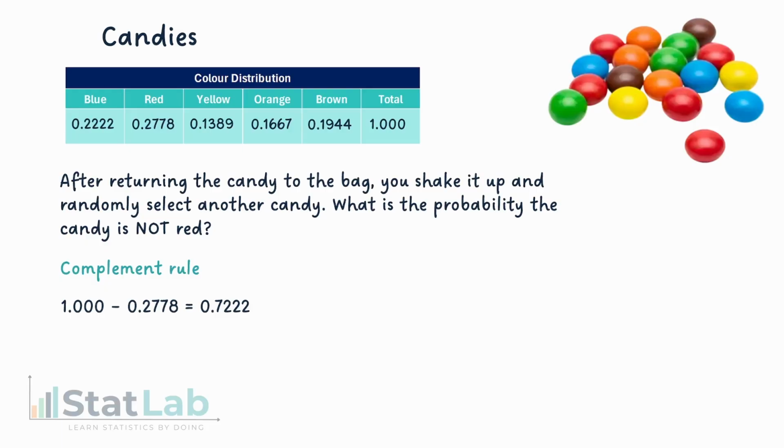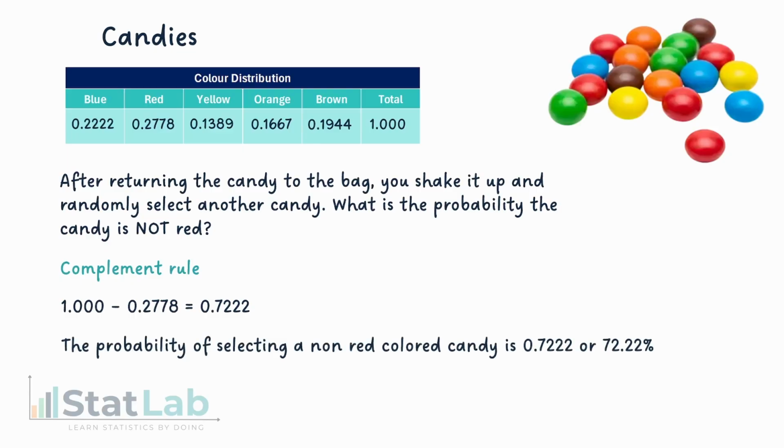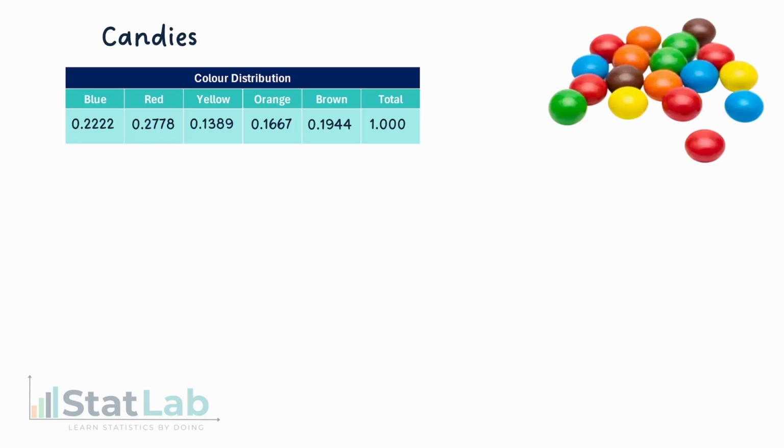Now, of course, you could have added up the blue, the yellow, the orange, the brown, but it's often easier to just do 1 minus the one that you're not looking for. So in this case, we would say the probability of selecting a non-red color is basically 72.22%. Now we're going to look at something a little bit more complicated.